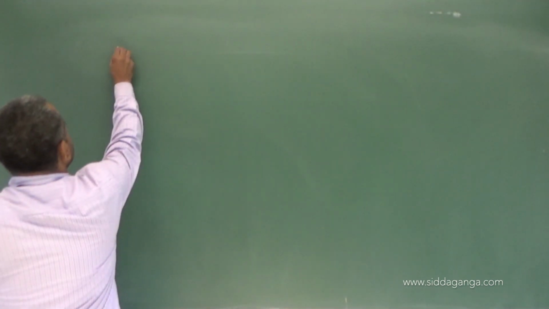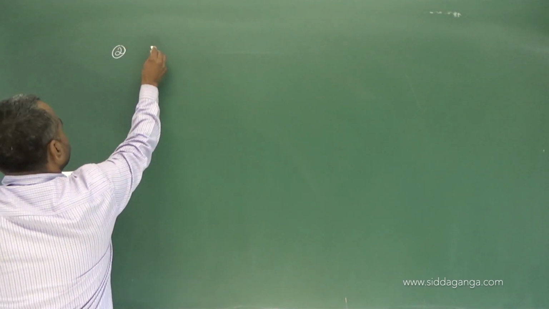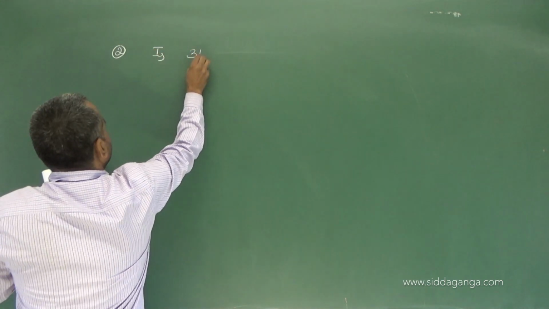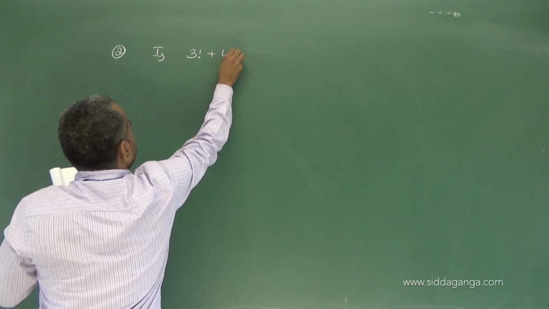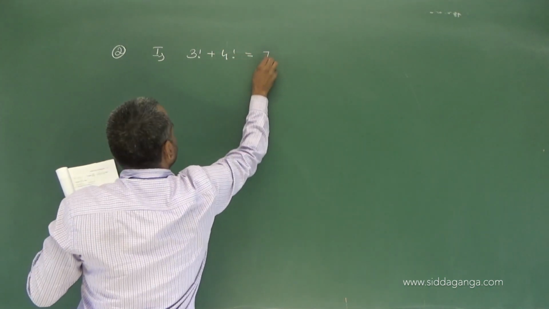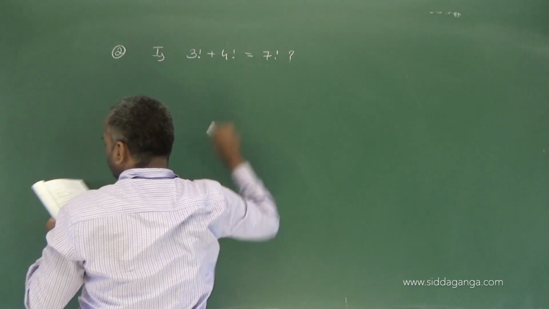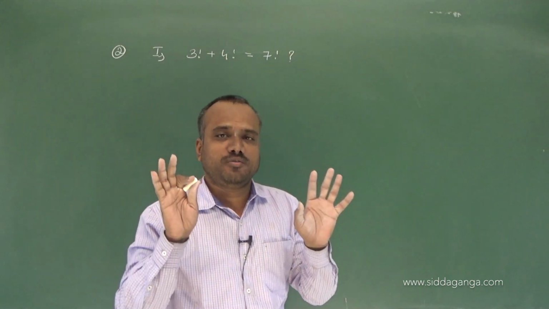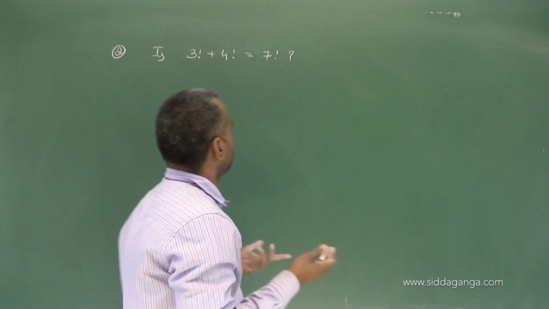Second one: 3 factorial plus 4 factorial is equal to 7 factorial. That we don't know if they are equal or not. We have to calculate individually.